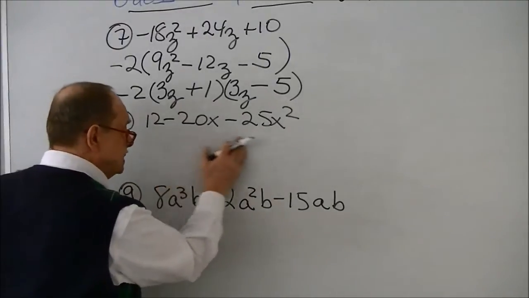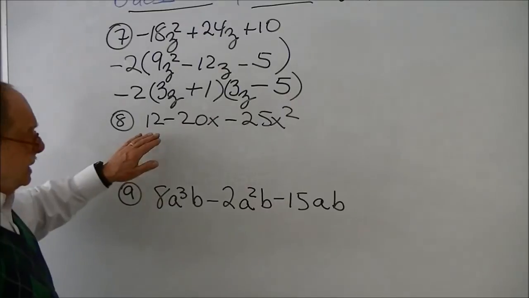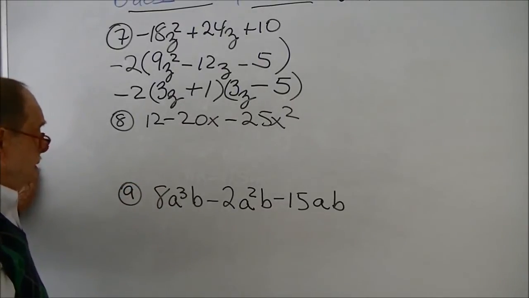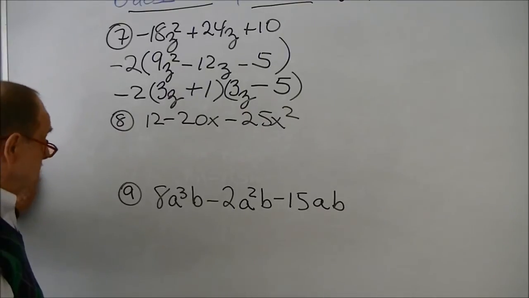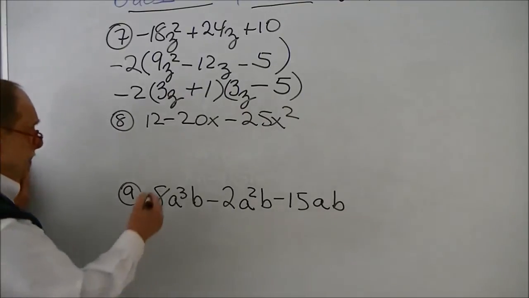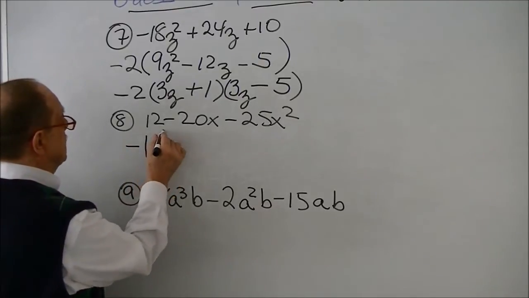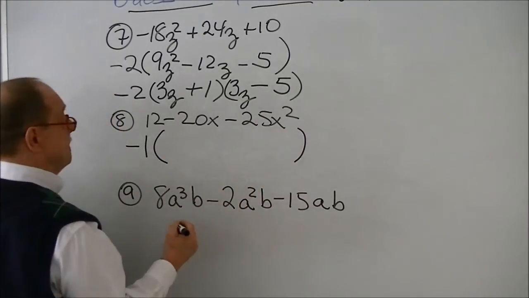notice this is ascending. Now, could you possibly factor it in this form? Yes. You could also reverse it and take out a -1. So let's do that. So we're going to take out a -1, and we're going to reverse and put it in standard form.